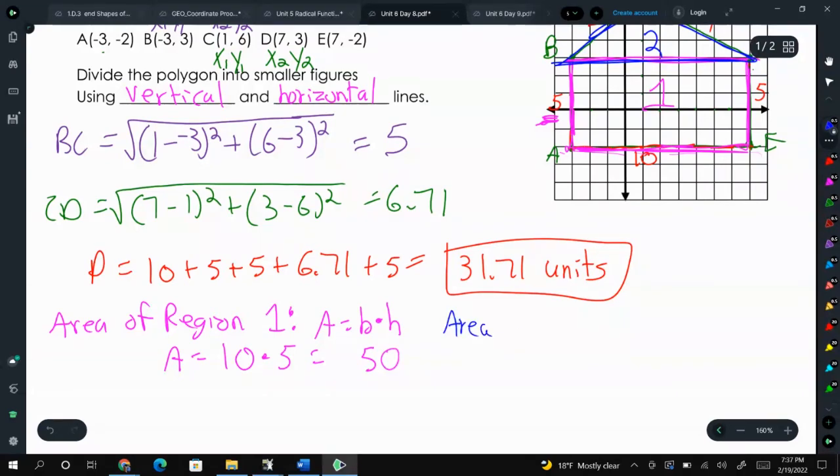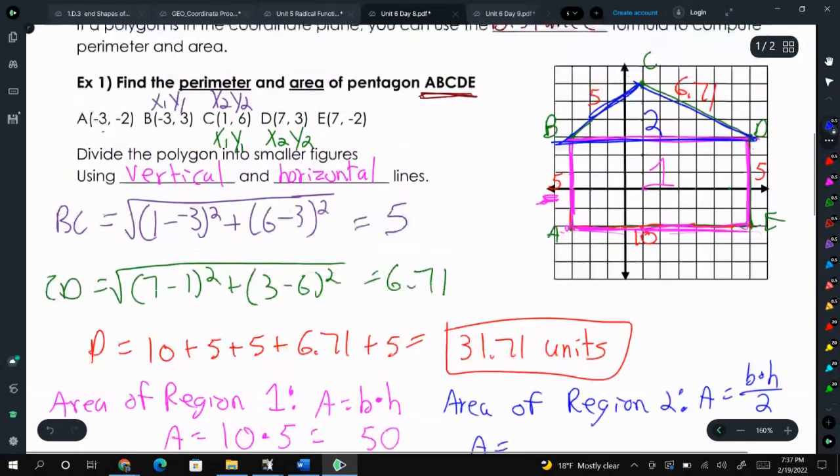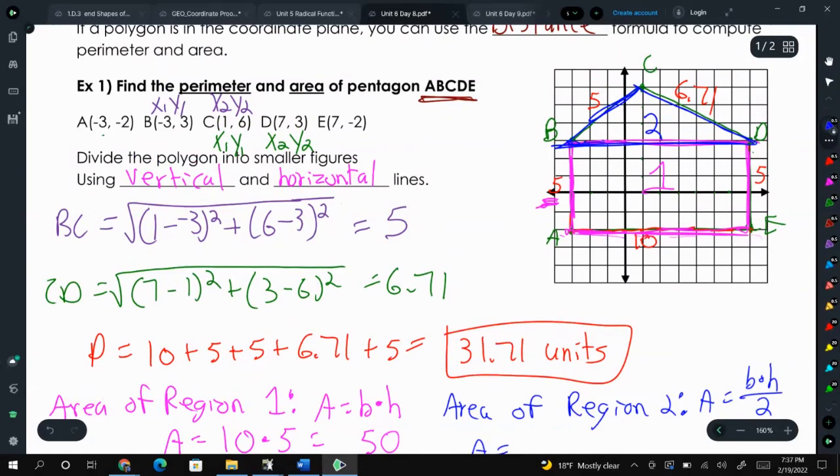Now the area of region 2, that's a triangle. And a triangle formula is area equals base times height divided by 2. So if we count the base of this triangle, 1, 2, 3, 4, 5, 6, 7, 8, 9, 10. And the height goes from the top of the triangle straight down. So 1, 2, 3.